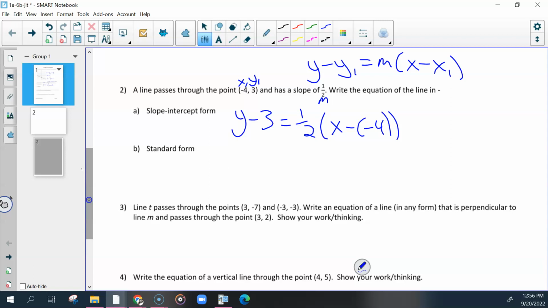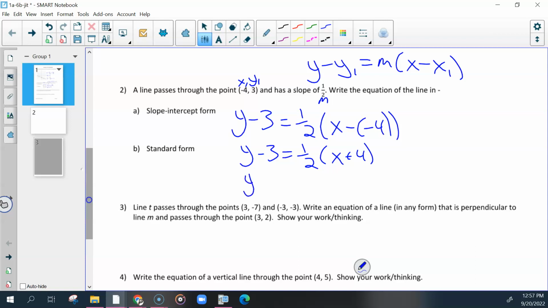Because we have double negatives inside the parentheses, change that to a positive first before you distribute. If you start distributing and that's not changed, you're going to get something that's not the right answer.